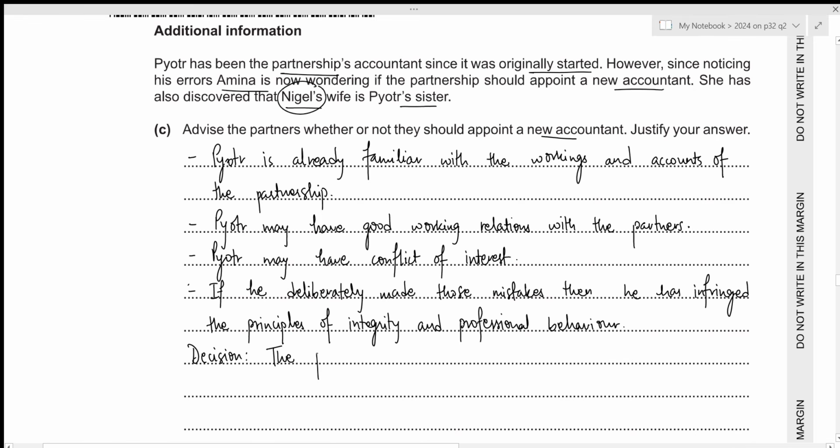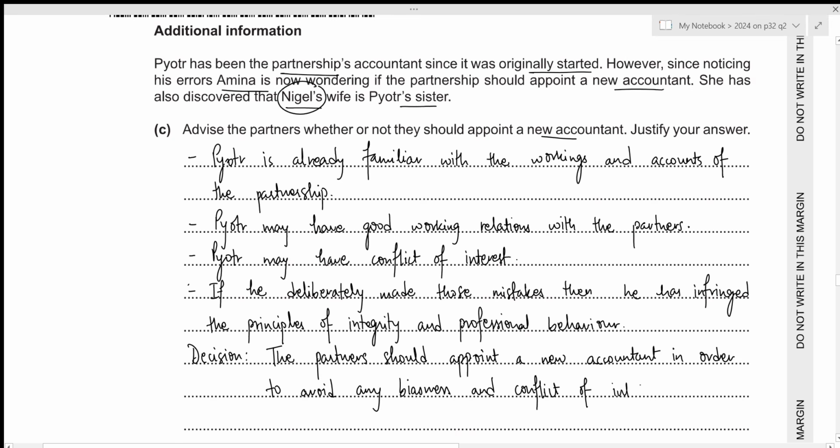The partners should appoint a new accountant in order to avoid any biasness and conflict of interest in the future.